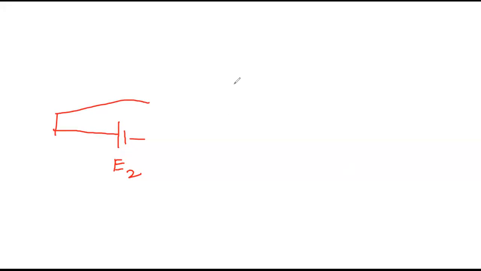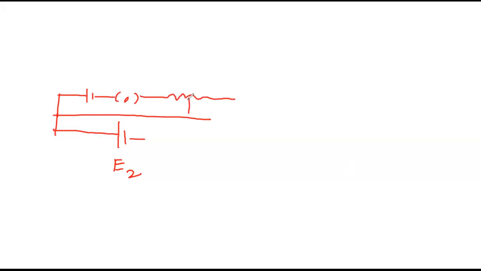Same potentiometer wire means its potential gradient will remain same. Battery, you don't draw, nor the rheostat. Now the balancing length will remain same or it will change?